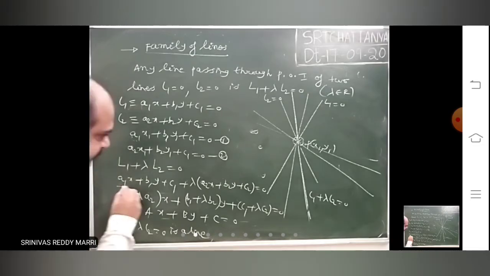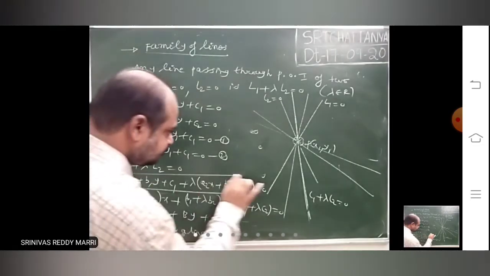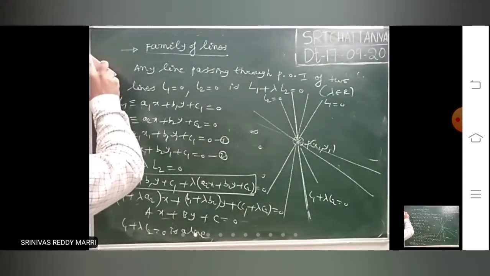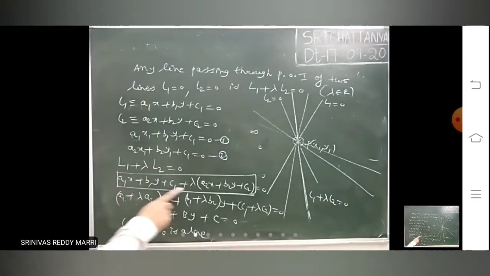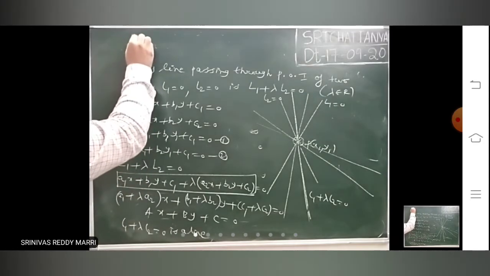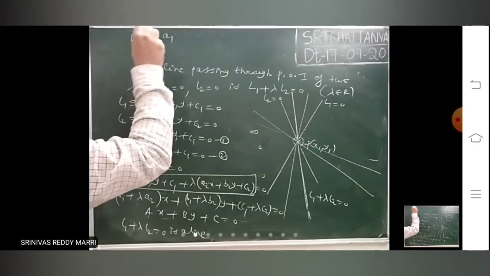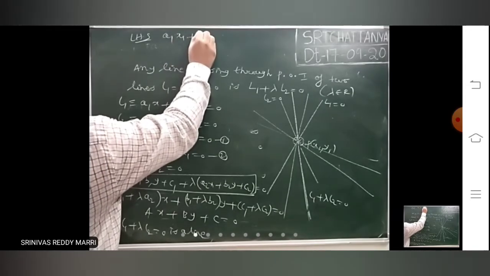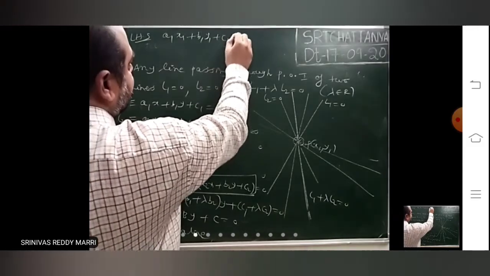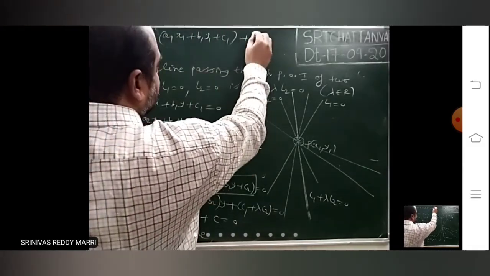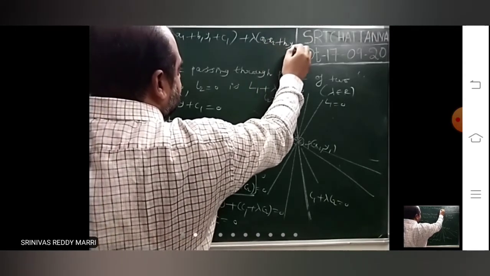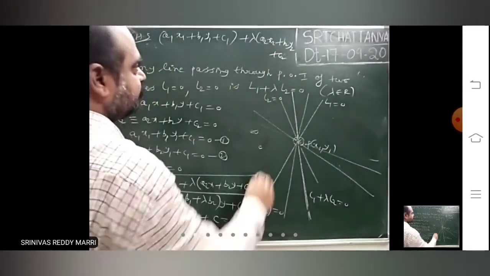Now check whether x1, y1 lies on this line. Put x1, y1. If you substitute x1, y1, what happens to the LHS? The LHS is a1 x1 plus b1 y1 plus c1, plus lambda into (a2 x1 plus b2 y1 plus c2).